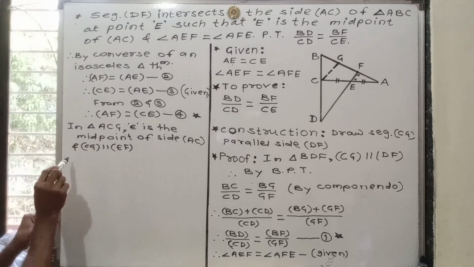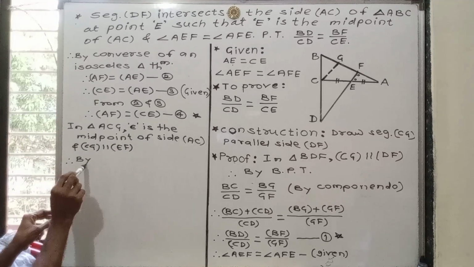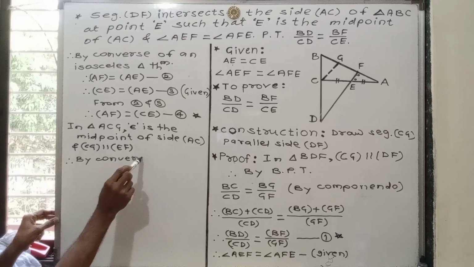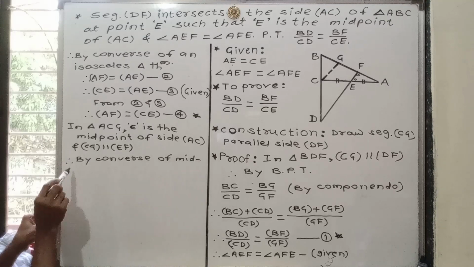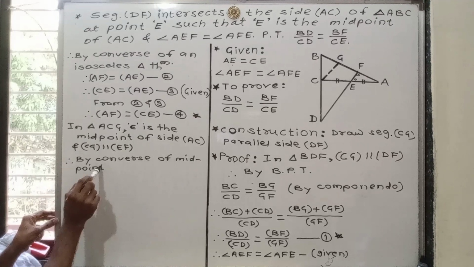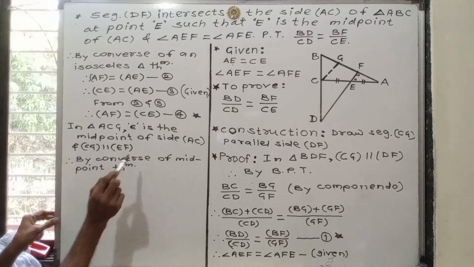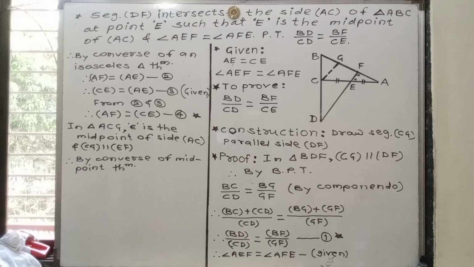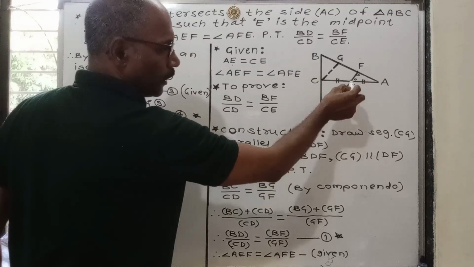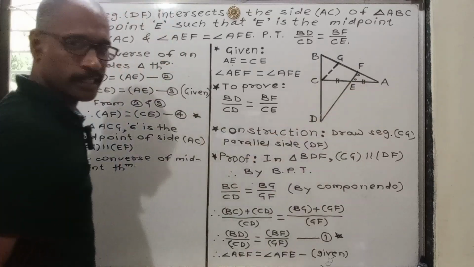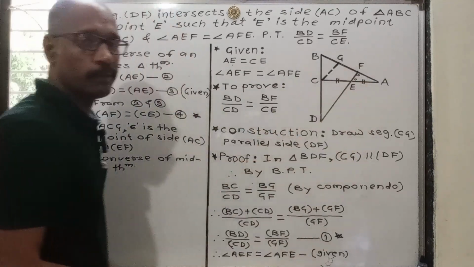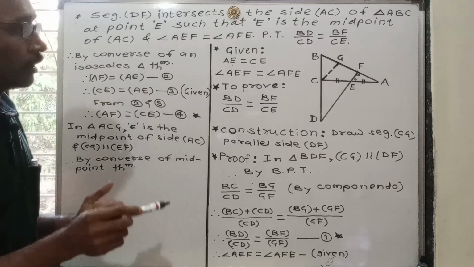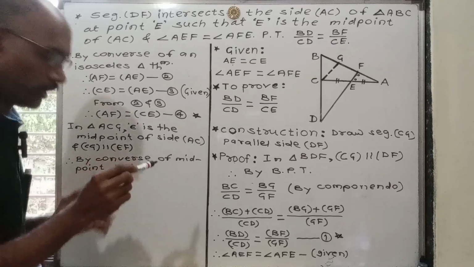Therefore, by converse of midpoint theorem, ninth standard theorem. What is converse of midpoint theorem? Now in triangle ACG, E is the midpoint of side AC and CG parallel to EF, then F is the midpoint of side AG.